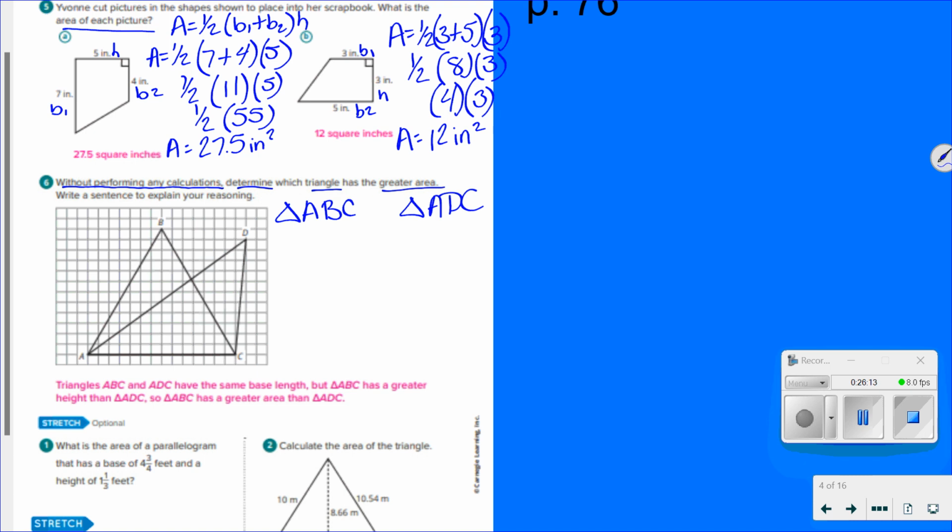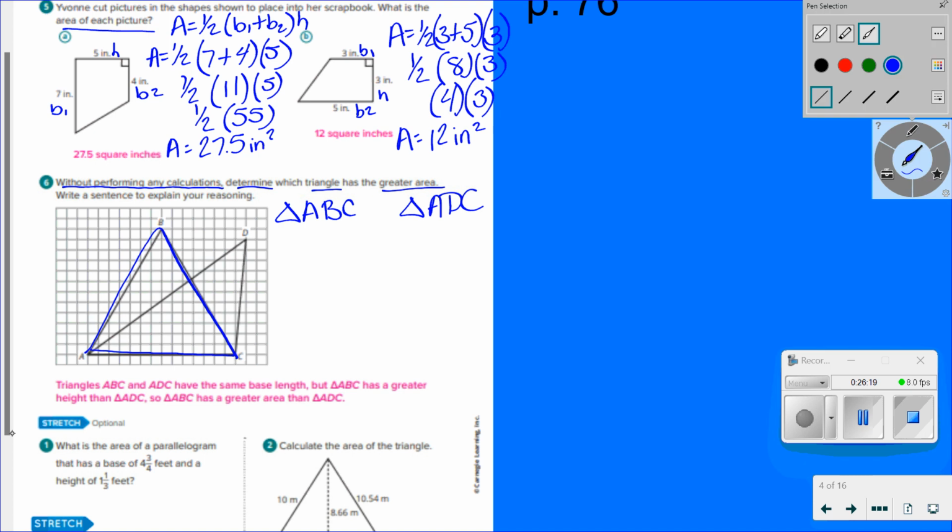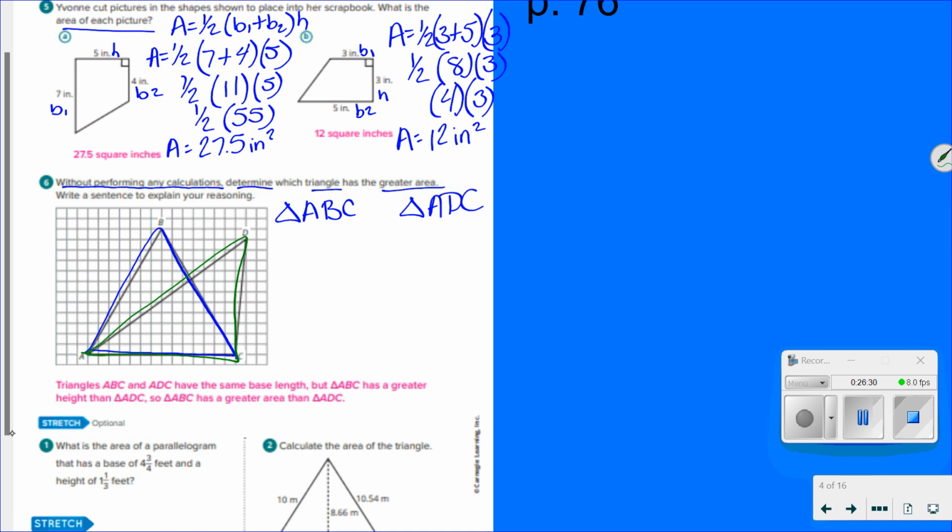Triangle ABC is right there, and triangle ADC is in green. So without performing any calculations, which one is bigger?